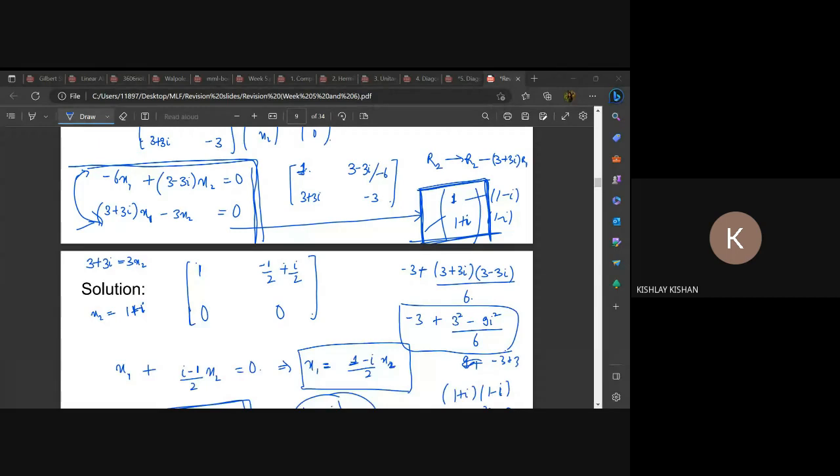No, what did you say? In MCQ, if we have multiple options and more than one answer is correct, we will have to do some kind of reverse engineering: multiply the eigenvectors in the options with the matrix and check whether they satisfy that equation, whether we are getting 0 or not.